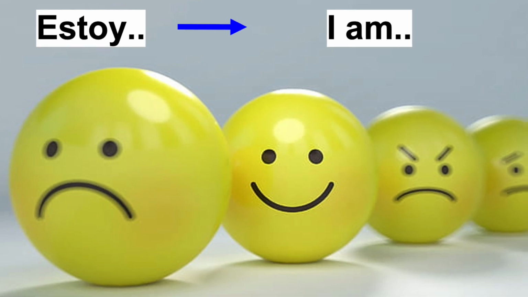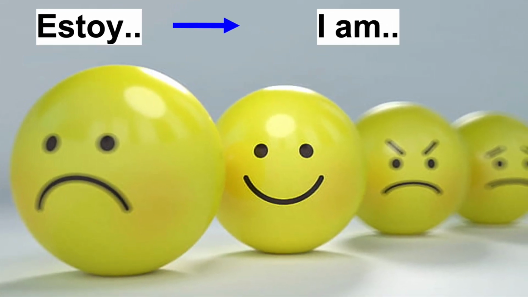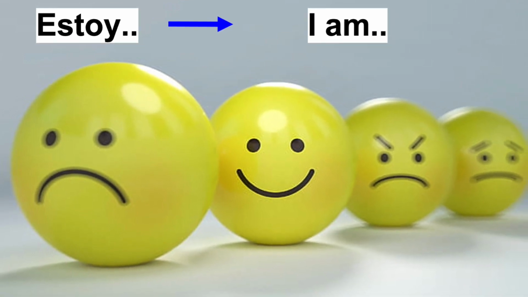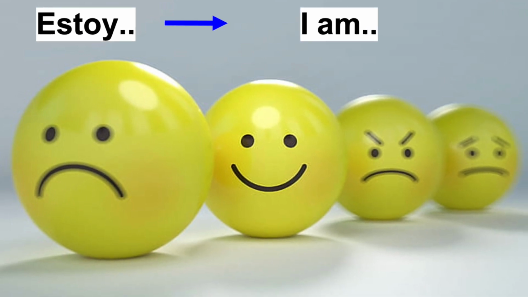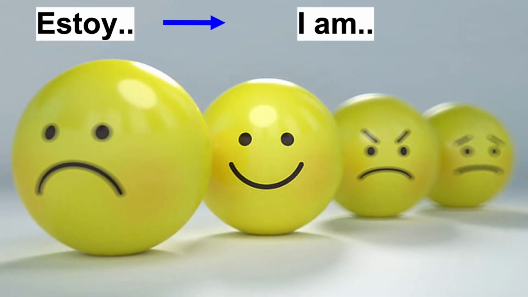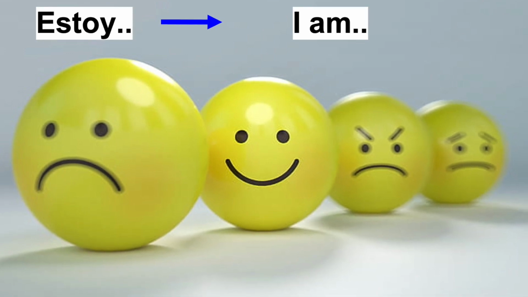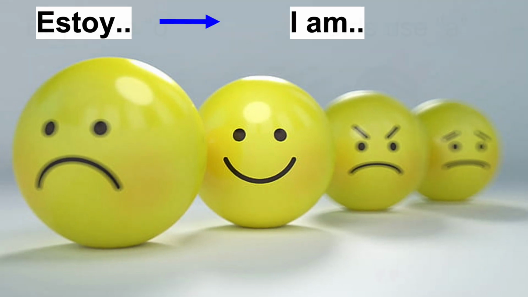Then looking at the last face all the way in the back, we don't know how he feels, but he looks kind of worried. But he's still going to start his sentence out with what? If you guessed estoy, you're correct. So no matter how you feel, you're going to start with estoy, which means I am in Spanish.